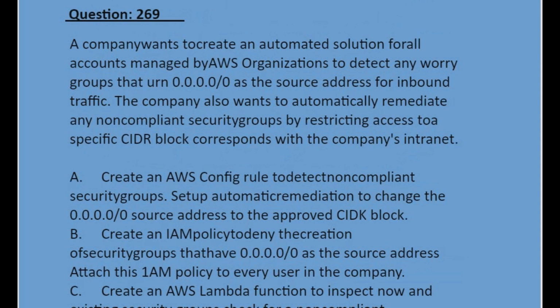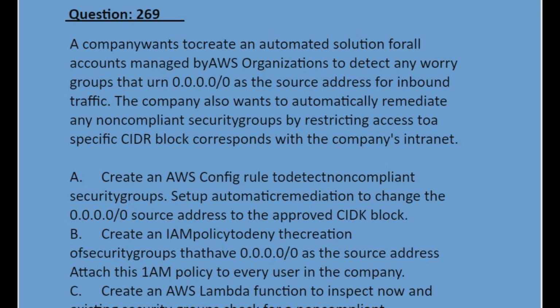Question is, a company wants to create an automated solution for all accounts managed by AWS Organizations to detect any security groups that use this value as the source address for inbound traffic.